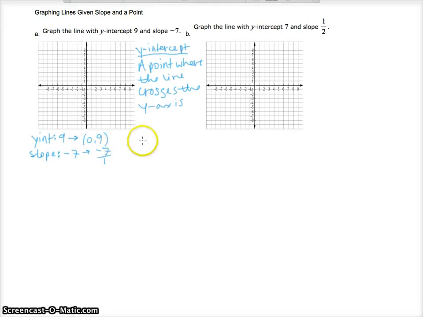And we need to also remember that slope is rise over run. So the first thing we're going to do is plot our point. And the second thing we're going to do is count the slope to the next point.